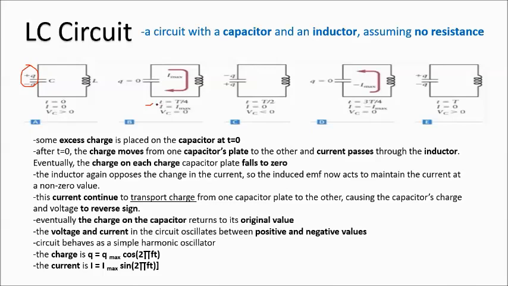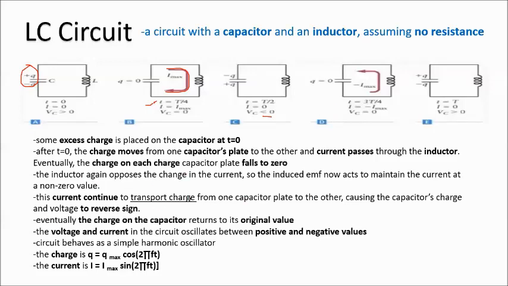So at t greater than 0, there is I maximum flowing through the inductor. Eventually, the charge on each capacitor's plate falls to 0. The inductor again opposes the change in the current, so the induced EMF now acts to maintain the current at non-zero value.